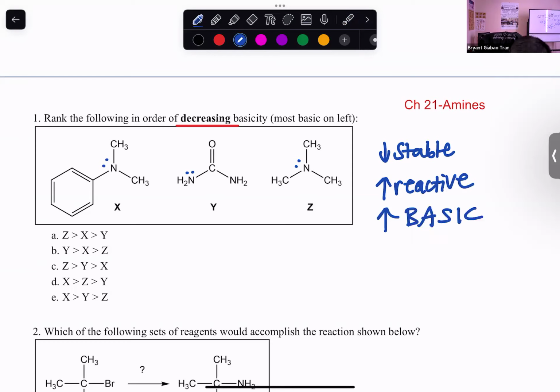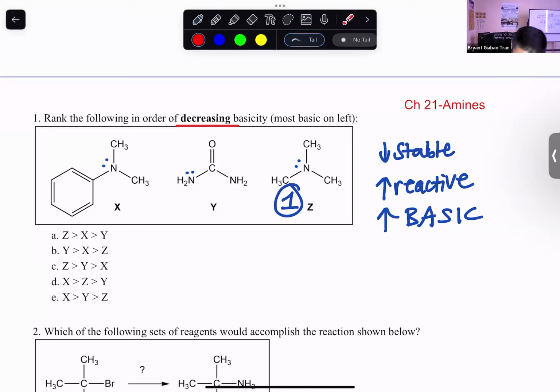Right. So automatically, I see that this pair of electrons here is the most basic because it cannot do any resonance at all. And because it's the least stable, it's going to be the most reactive, making it the most basic. So this is our best base here.